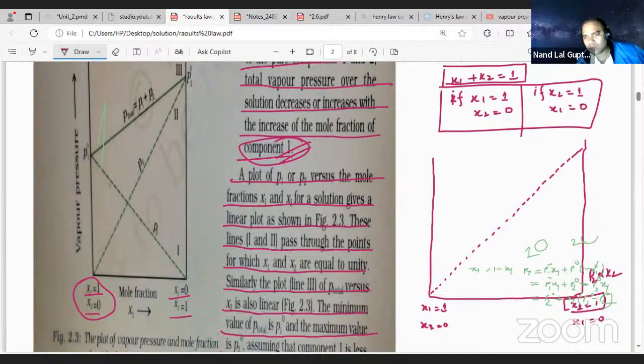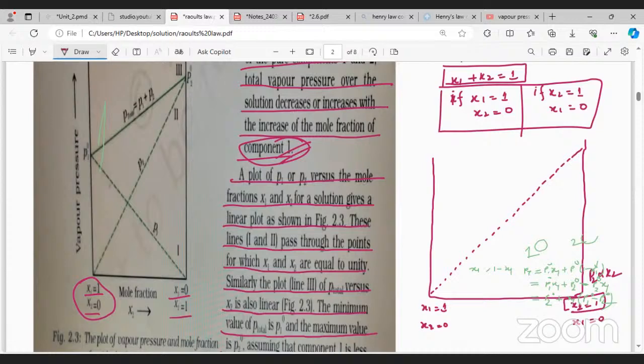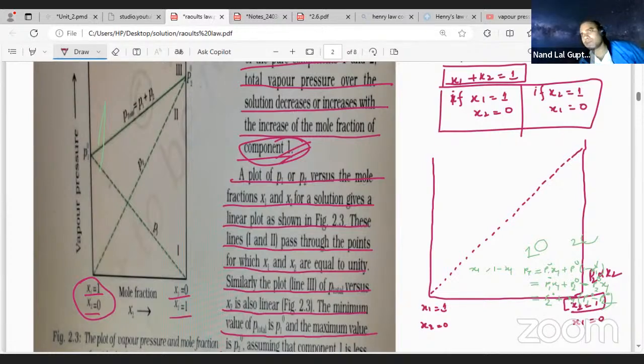So as this mole fraction increases, this line is also increasing. This line is representing the partial pressure of 2.